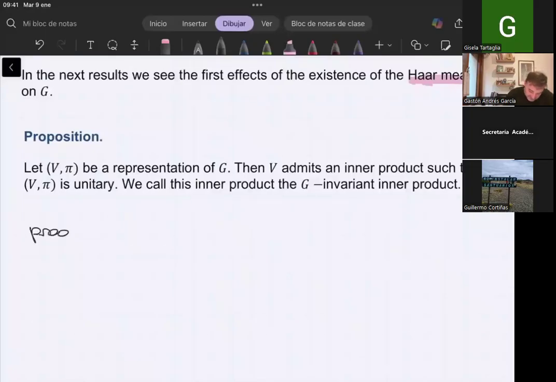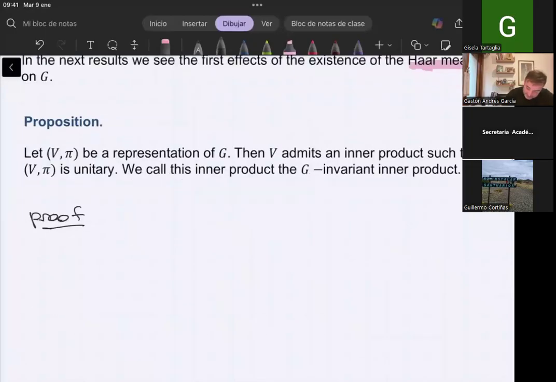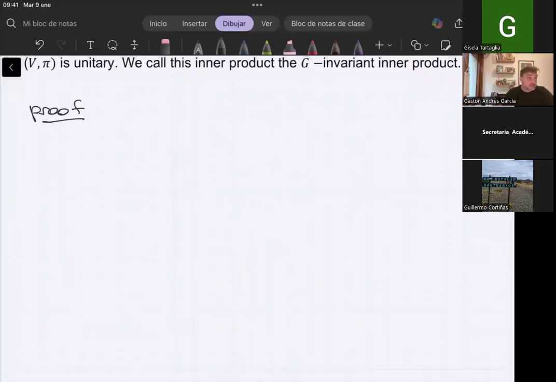So how do we do that? The proof is very classical, and I will do it because it's also beautiful.